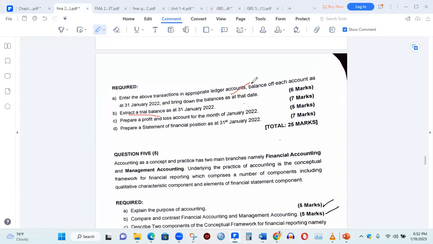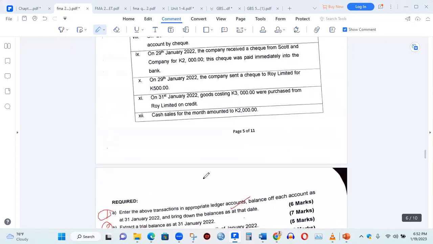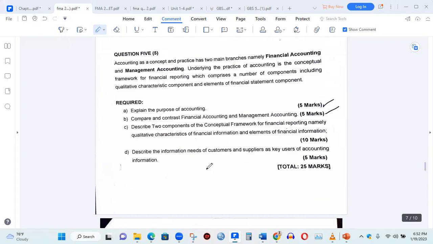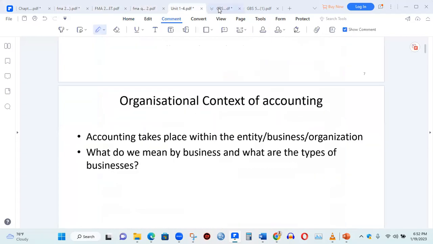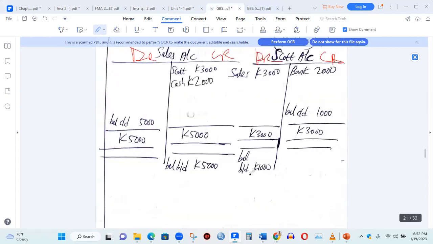And then you have to also look at the aspect of the trial balance. The trial balance checks the accuracy of a double entry system. So you just have to do the balancing of the accounts. We now get the balancing figures from here.